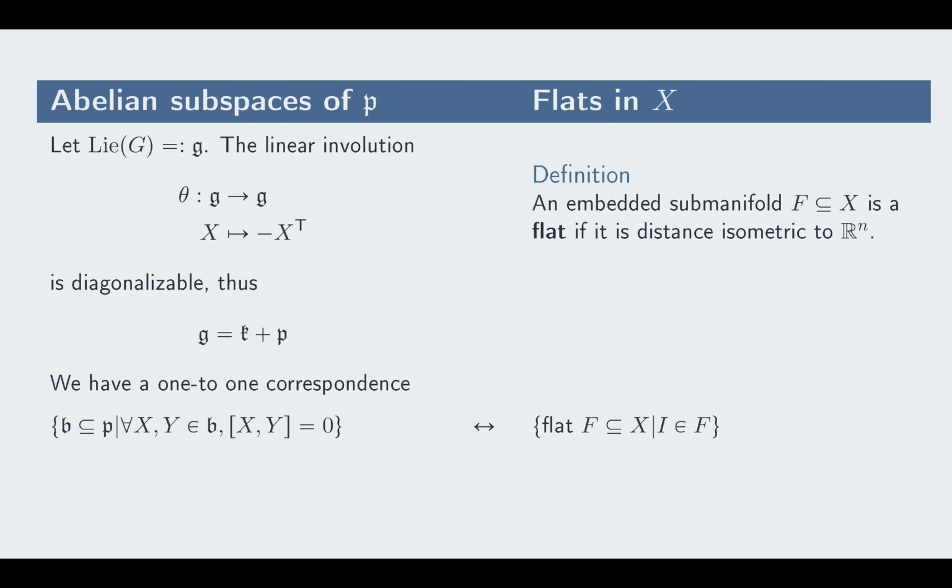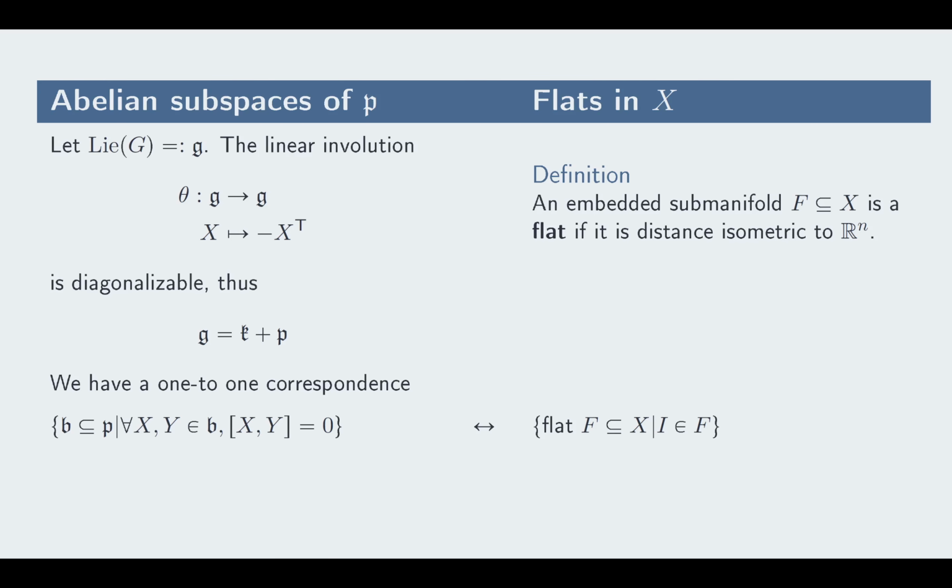Given that it's transitive, any flat I can map in such a way that it contains identity. A flat means it's isometric to Rn, and that means, for example, minimal unit speed geodesics are flats. So one-dimensional flats always exist.